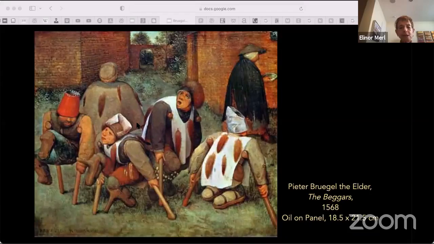Bruegel's intense imagination of the moral and spiritual ideas of his time gives the work its timeless validity. As we've seen in all our works today, his intent was not just to illustrate the proverbs, but to unmask human folly and the dangers of folly which lead to sin.